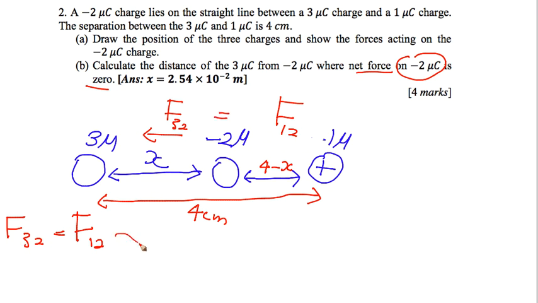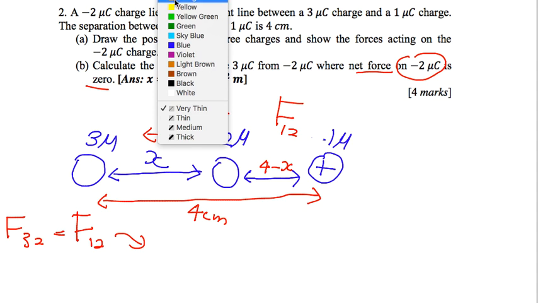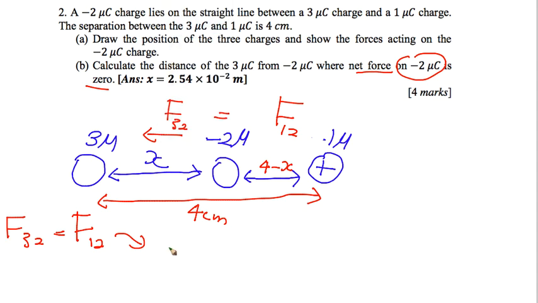So this is the calculation. F32 is k times Q3, which is 3 microcoulomb, times the second charge, 2. No need to use the negative sign, just put in the magnitude, 2 microcoulomb, divided by the distance x squared.